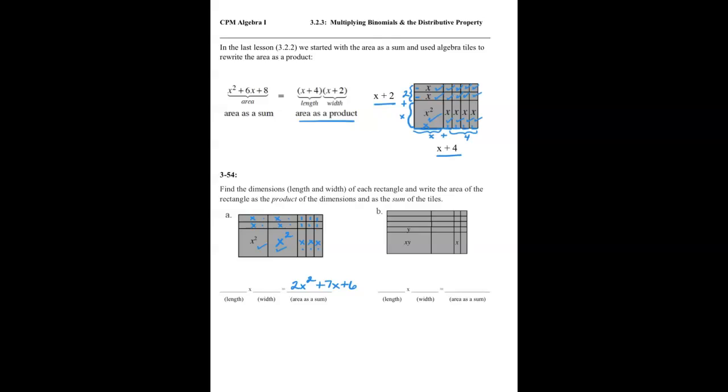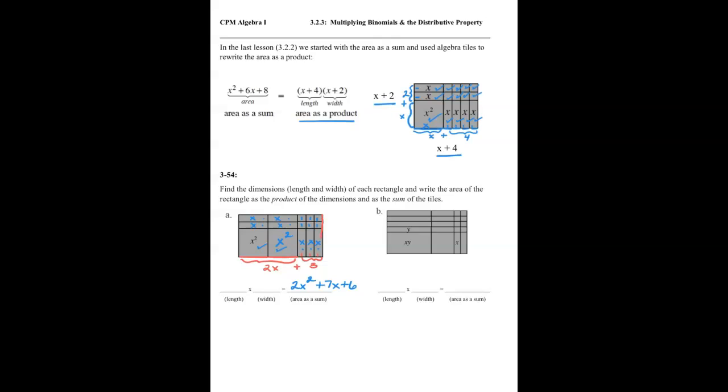Now, if I want to write the area as a product, I have to find the length and the width of the rectangle. So along the bottom side here, I've got 1x plus another x. This part right here is 2 x's plus each of these is 1 unit on a side, 3 units, okay?